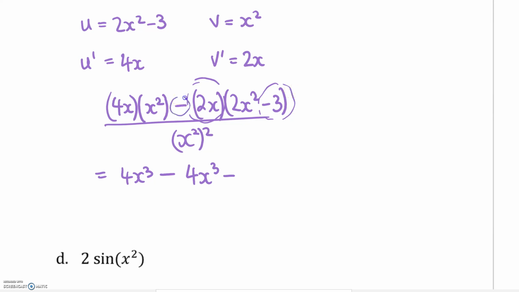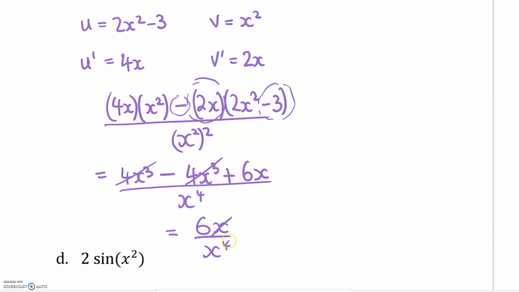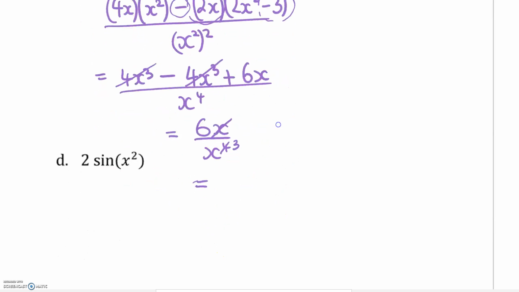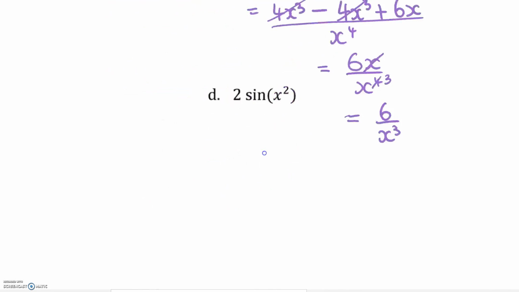But then I've got a negative here, so this is actually going to be plus 6x all over x to the 4th. Now, a common mistake here seemed to be obviously recognizing that these two would go and leaving the answer as 6x over x to the 4th. But we should be cancelling this x with one of these, making this a 3. So our final answer in this case, I don't want to do sausage maths, should be 6 over x cubed.